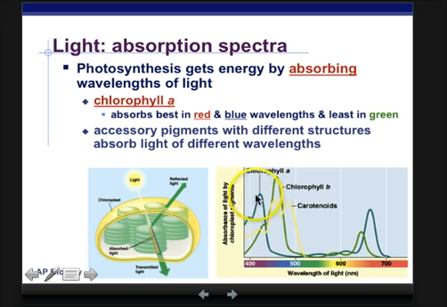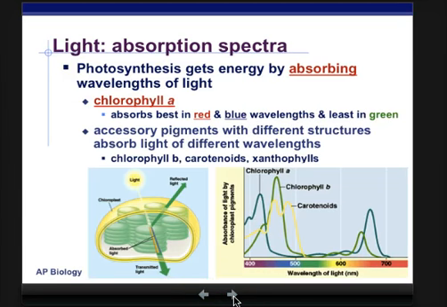So chlorophyll A tends to be the blue-green reflection, chlorophyll B more of the yellow-green reflections, and then the carotenoids are absorbing down here and appearing yellow and orange. All right, so we're seeing what they do not absorb. So what we're seeing are these colors in here that they don't absorb. These are the colors that they like to absorb and use. Right? So they're absorbing every color except the one that they're reflecting.